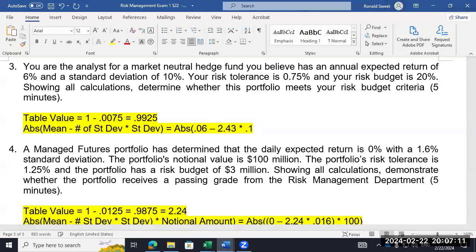And what did y'all get there? 35.7. Versus a budget or a limit of, what was their limit? Is that percent or dollars? That's percent, versus a limit of 20%. So they fail pretty badly.